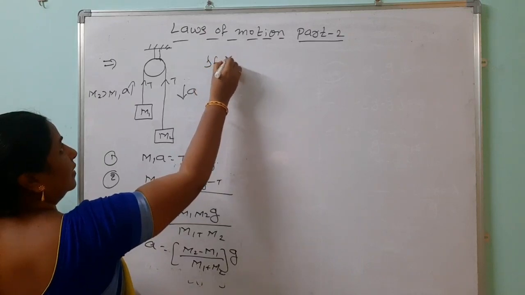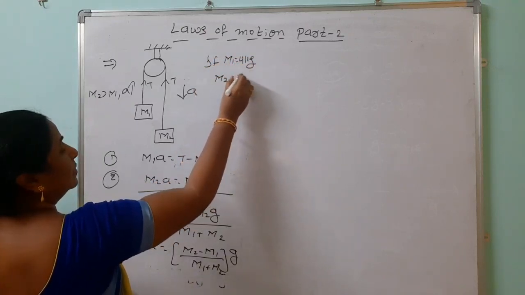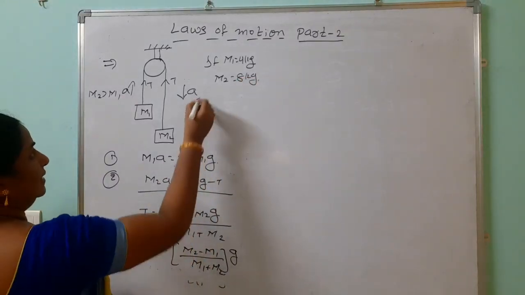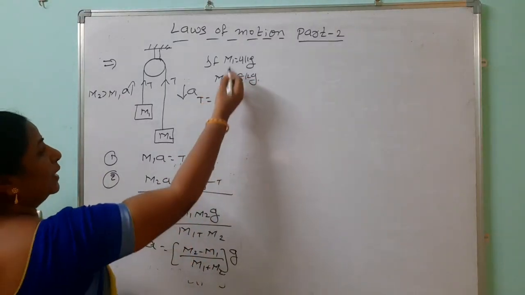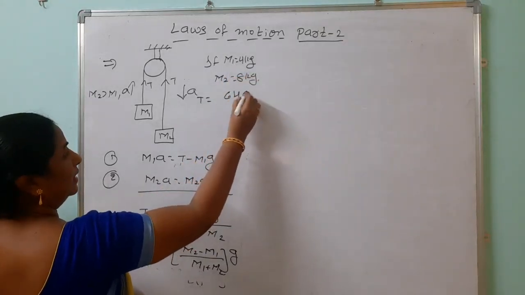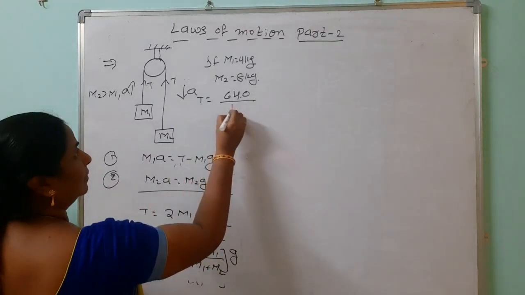We do one problem also. Suppose m1 equals 4 kg, m2 equals 8 kg. What is the acceleration and tension? Tension is 2m1m2g by m1 plus m2: 8 into 8 is 64, into g is 640, by m1 plus m2, which is 12.